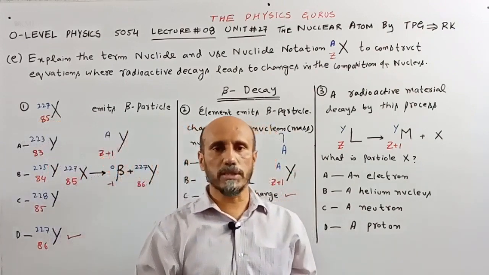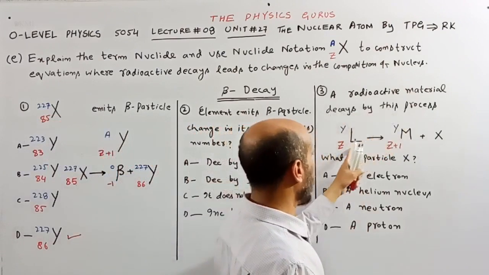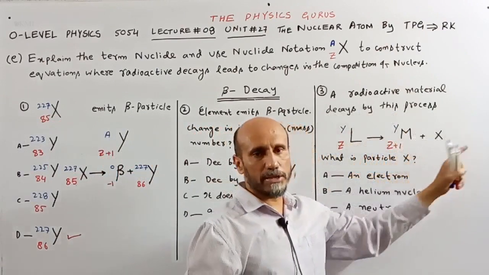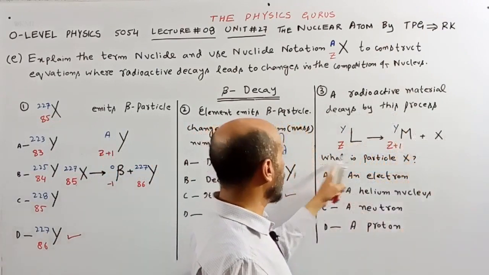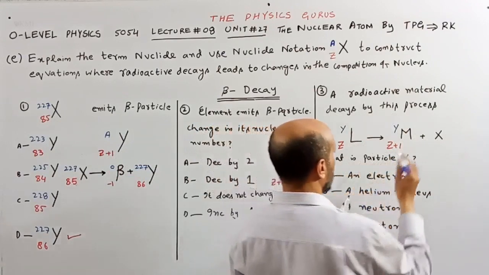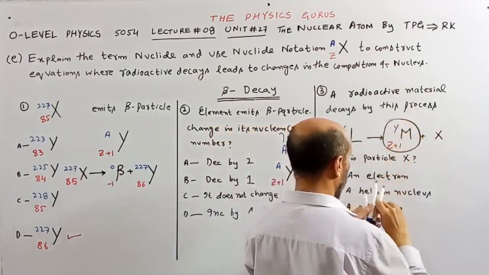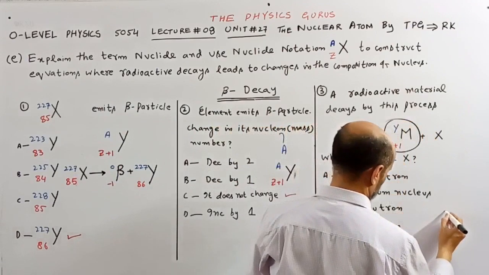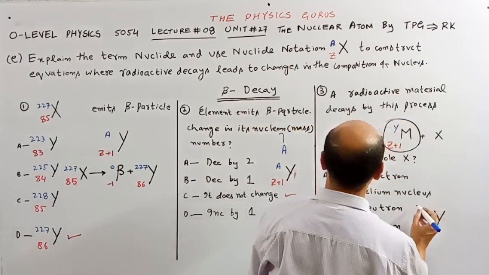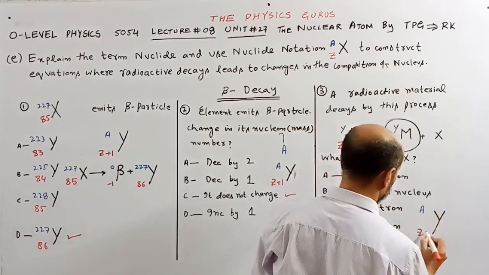Now we will proceed towards question number 3. A radioactive material decays by this process. Capital L is converted into M, and an unknown particle is emitted. It is being asked what the particle X is. Now it is clear from this point that the value of A remains as it is, while the value of Z was increased by 1.